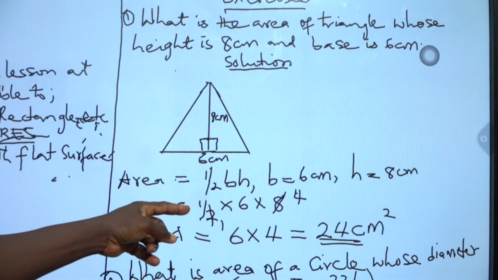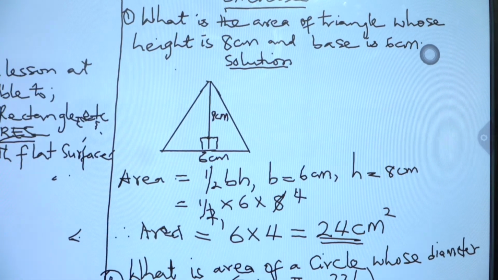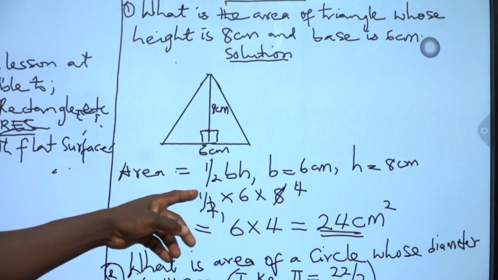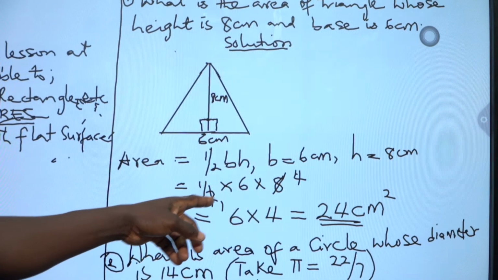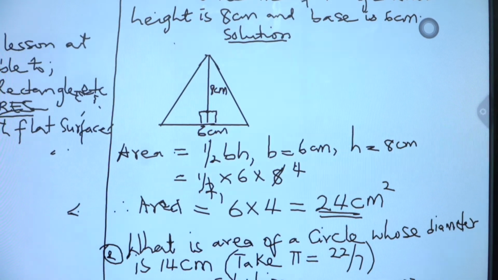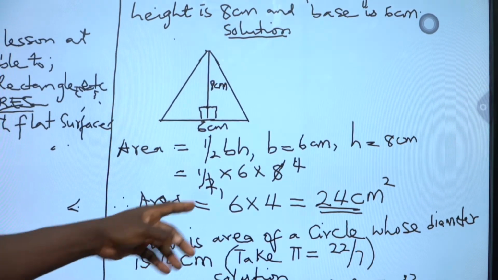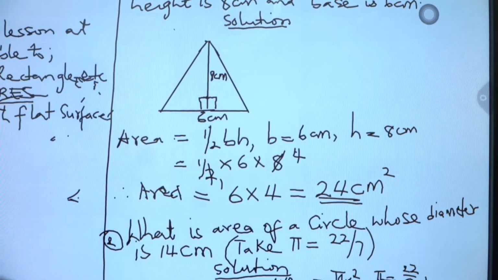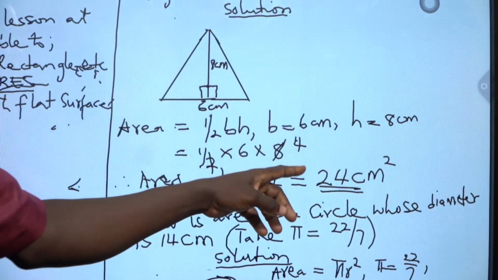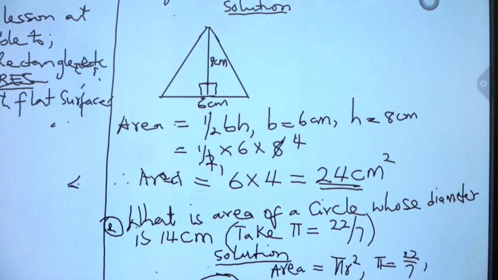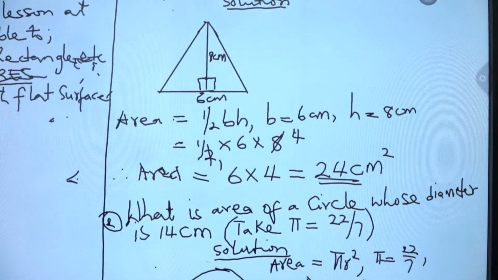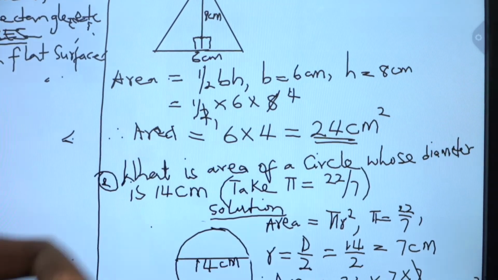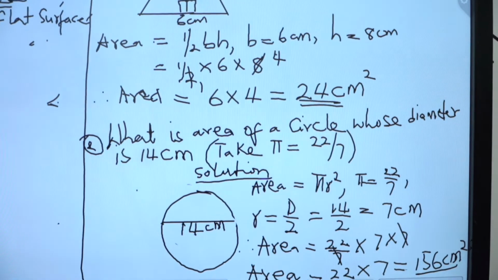Then if we put it in the formula, we have half times 6 times 8. You see that the 2 in the half cancels 8 to give you 4. Then what we have now is 6 times 4, which is 24 cm squared. And why we have squared here, not only cm, is because the base is in cm and the height is also in cm.